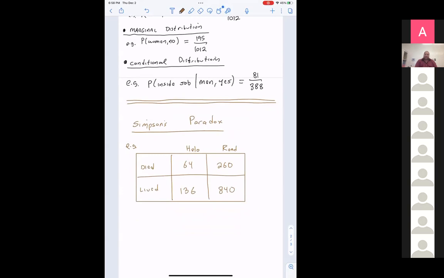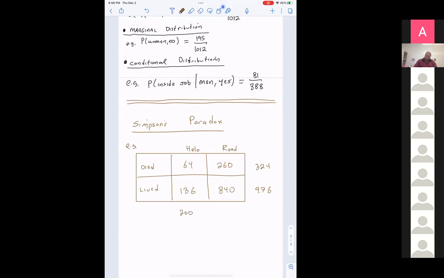How many people died altogether in this study? 324. How many people lived altogether in this study? 976. How many people went by helicopter in this study? 200.